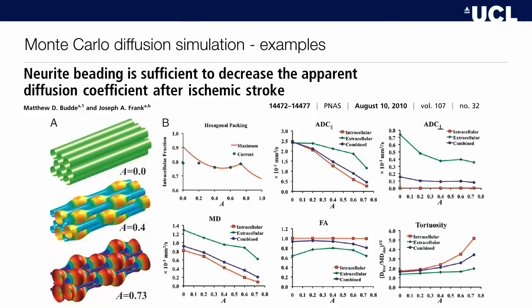So next example, looking at pathology. This is work by Matthew Budd, and he's going to speak, I'm sure, about it a bit later. Here the key question is whether the neurite beading which is observed in tissue can constitute a factor that decreases the apparent diffusion in ischemic stroke.